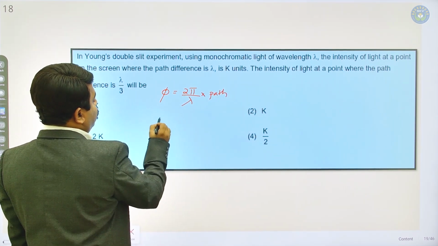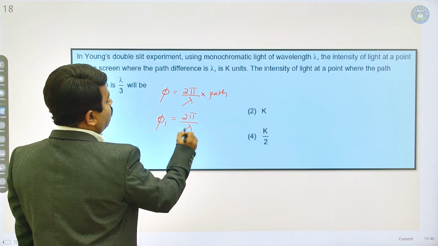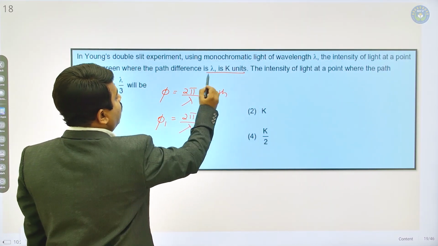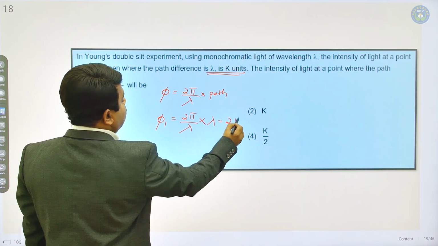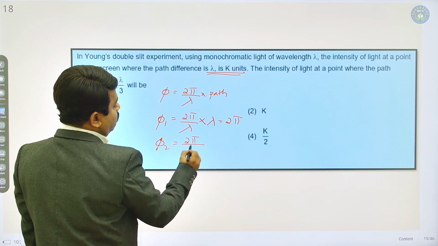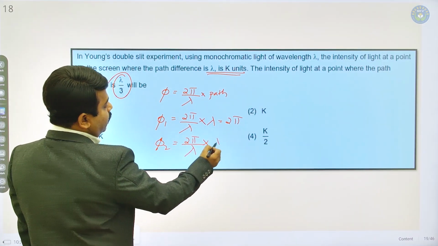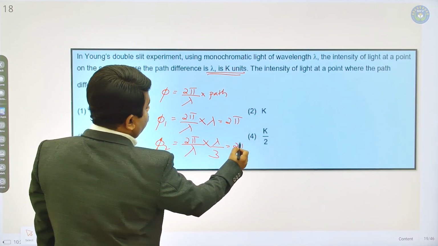Now for the first case, phase difference phi 1 is 2 pi by lambda into the path difference given, lambda, so 2 pi. Second case, what is the phase difference? 2 pi by lambda into lambda by 3, that is 2 pi by 3, right?